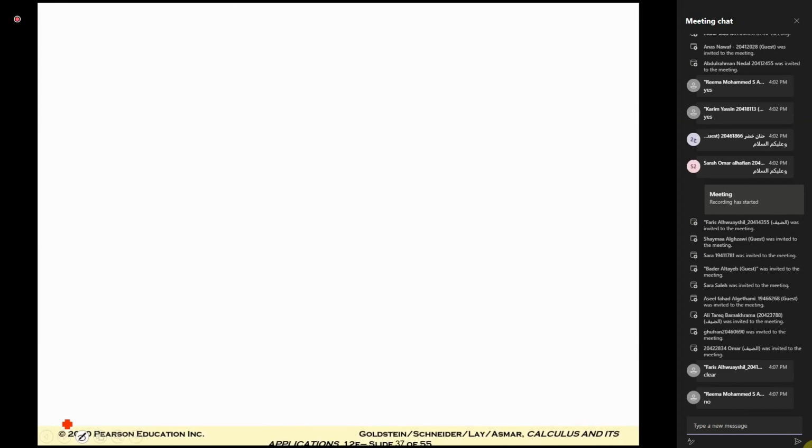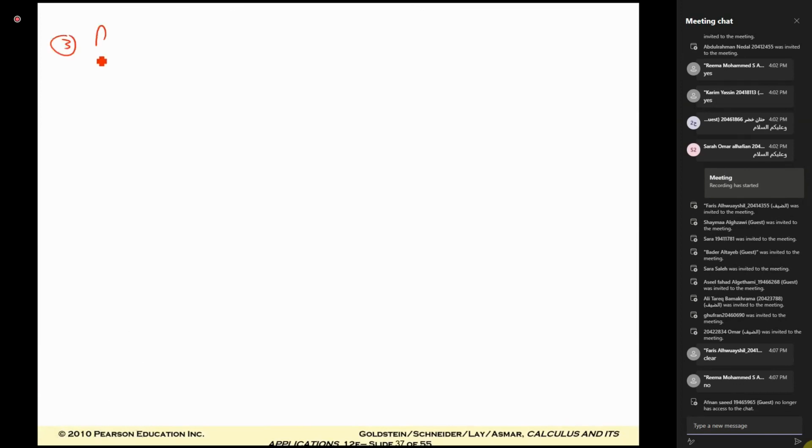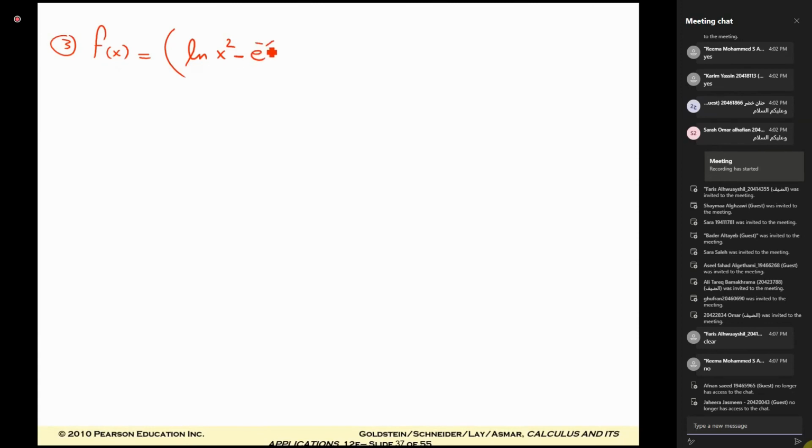Number 3. If you have f of x equals ln of x square minus e to the power minus x, inside the ln, all to the power, for example, 4.